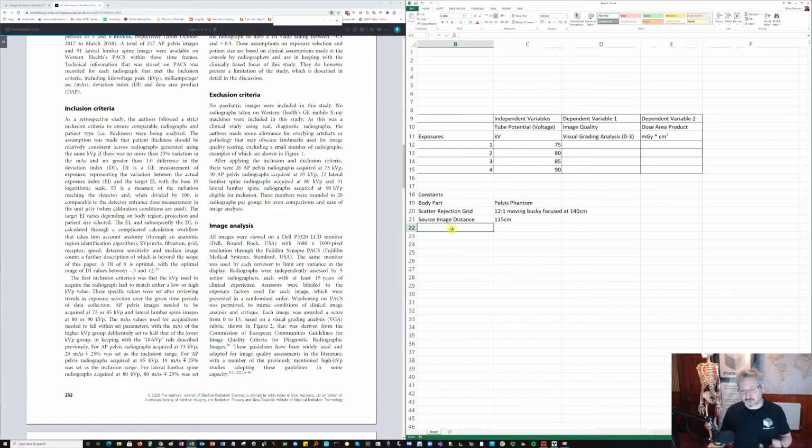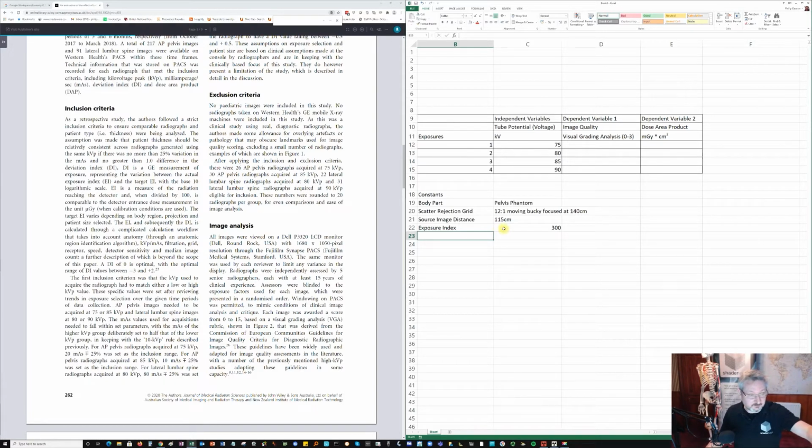Now, for virtual radiography, we actually have both microgray and exposure index. So exposure index, we're going to keep to the standard, which is, I don't know whether they say what theirs is, but I know ours is 300. So we're going to use an exposure index of 300, and we're going to try and fix on that.